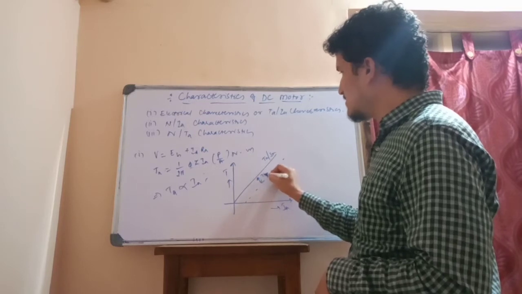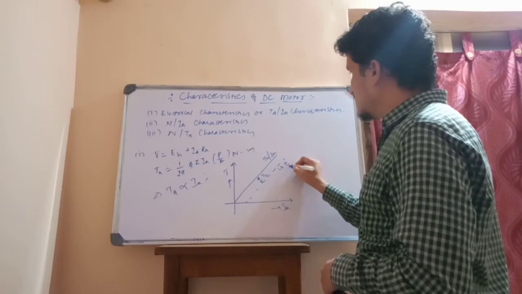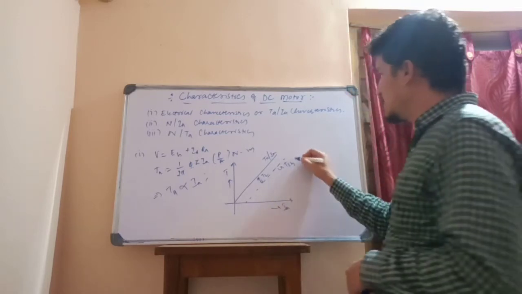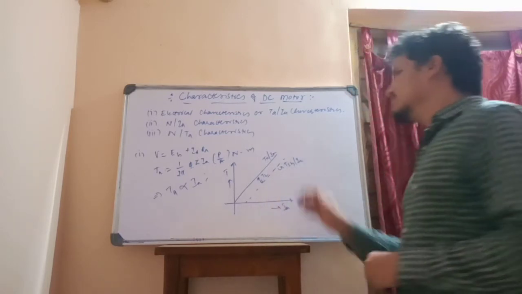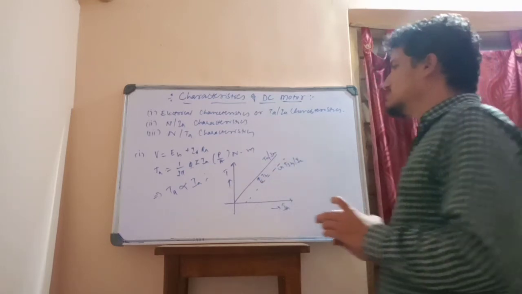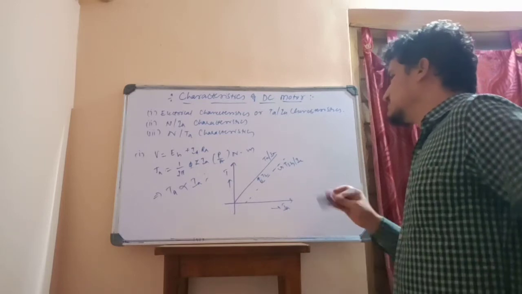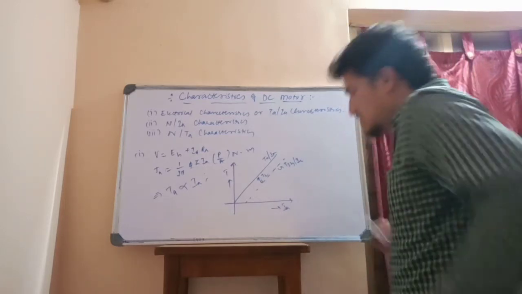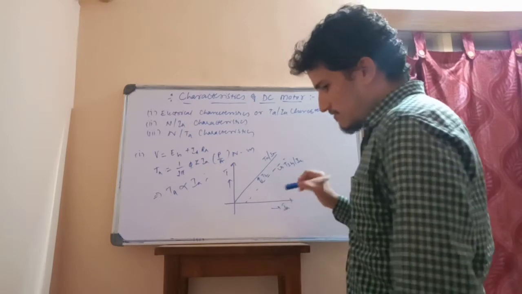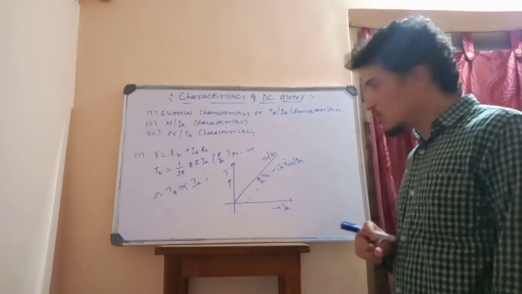This is the torque lost due to losses, and this is the Tsh versus Ia characteristic. By observing this, you can write that it has a constant output characteristic.